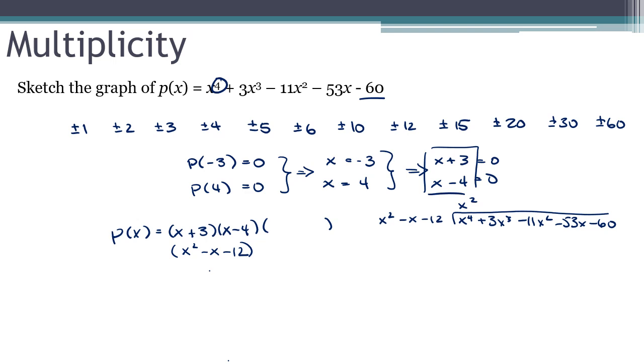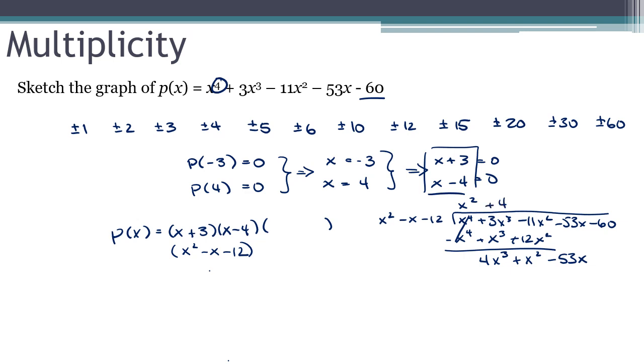Right, so I'll do x squared, that's x to the 4th, minus x cubed, minus 12x, and we're going to subtract that, and we get, let's see, 4x cubed plus x squared minus 53x.